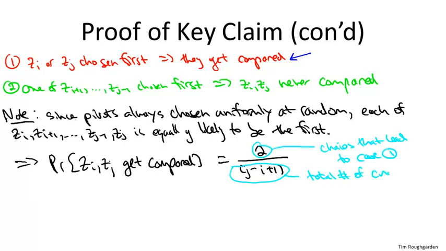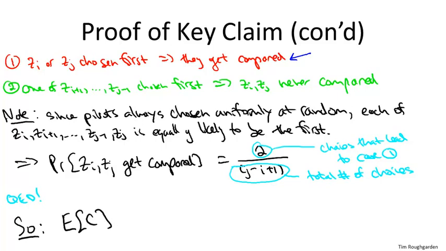That is exactly what we asserted was the probability that a given z_i and z_j get compared, no matter what i and j are. So, wrapping up this video, where does that leave us? We can now plug in this expression for the comparison probabilities into the double sum that we had before.